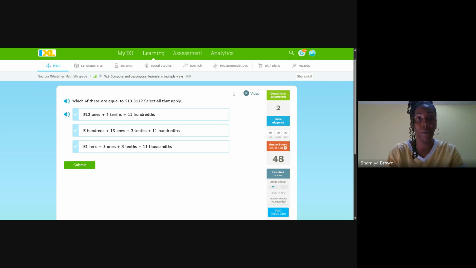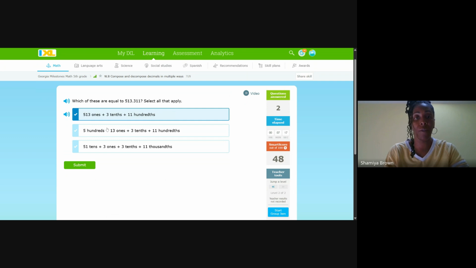All right, I have 513 ones, so that's correct. Plus 3 tenths, that's correct. Plus 11 hundredths. And that's going to be correct because this will be 11 thousandths, but the 1 is in the hundredths place. So that would be right.